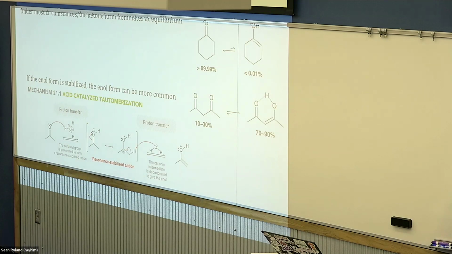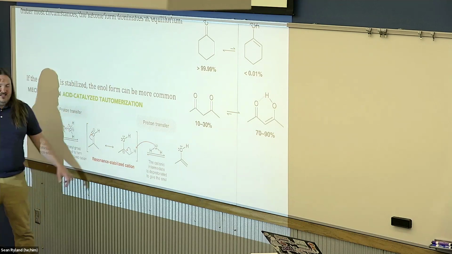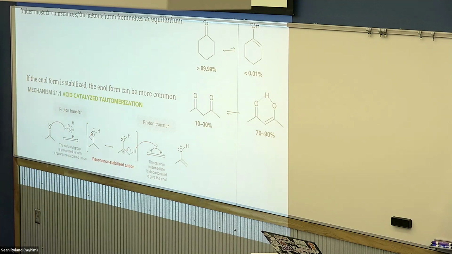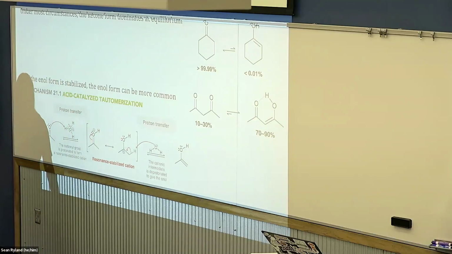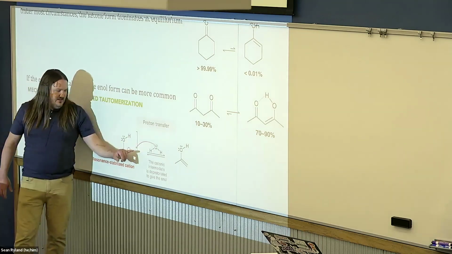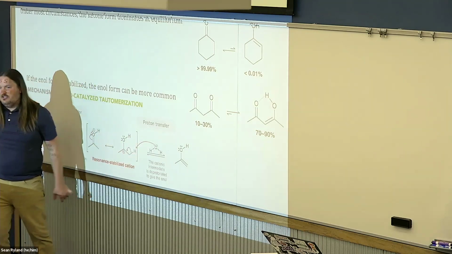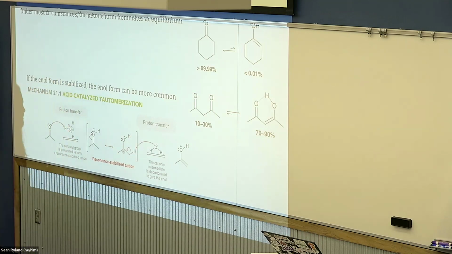So it's effectively like a resonance stabilized E2. So instead of having a leaving group leave, you break up the carbon's valence by breaking a pi bond. And then we just need anything that can act as a base to pull that hydrogen off.